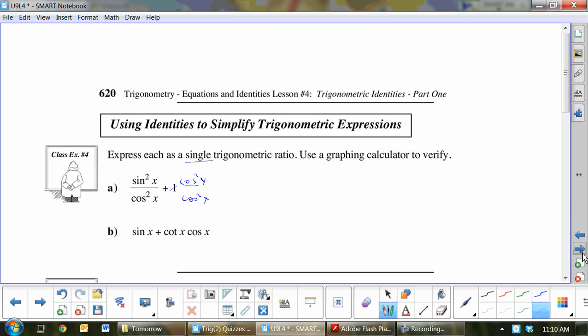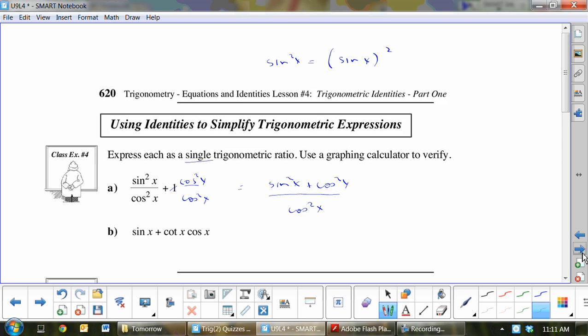Now, we'll add them, since they have a common denominator. So that's sine squared x plus cos squared x all over cos squared x. And just always remember that sine squared x means this. That's how you have to think about it in your brain, or else you'll miss some things.